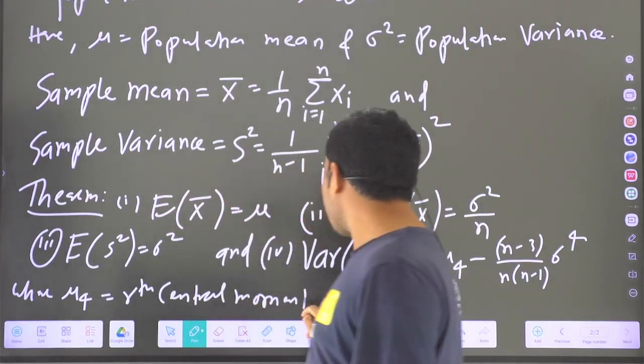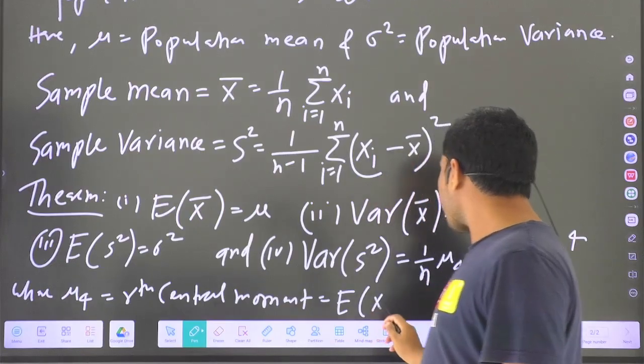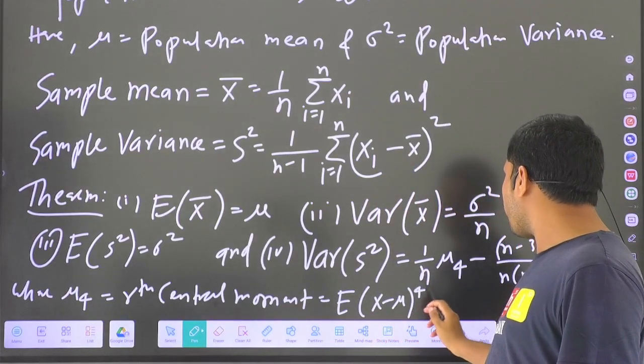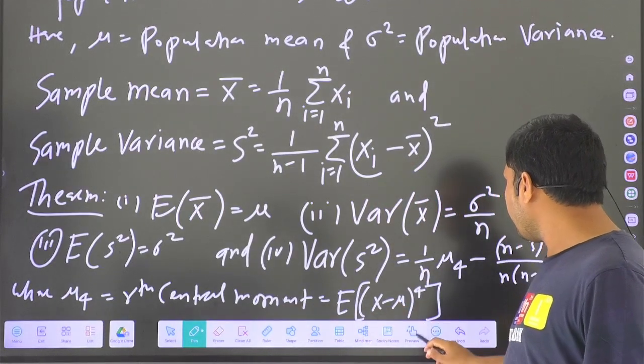And what is the fourth central moment? It's the expectation of x minus mu raised to power 4.